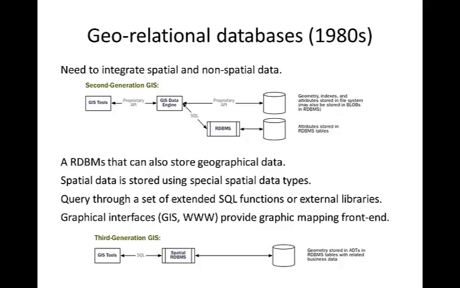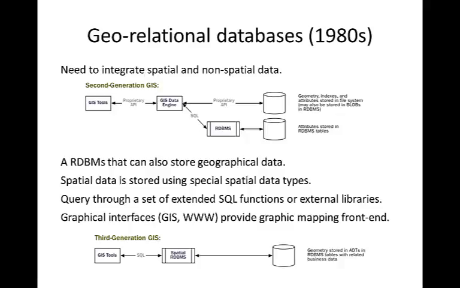Can't we just have one language that talks spatial and non-spatial together? And that was the idea. Why do I have to maintain two databases? Can't I maintain one database? Isn't that much more efficient for my organization? Not surprisingly, it is.